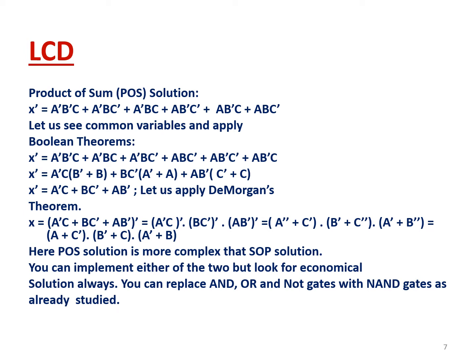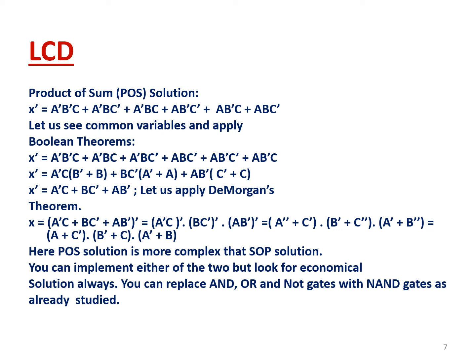If you open it, it will be A double complement plus C, that is double bar, plus C complement, dot B complement or C double bar, dot A complement or B double bar. Now the double bar will cancel, as in the De Morgan theorem we have already seen, and it will come out to be A or C complement, dot B or C complement, dot A complement or B.